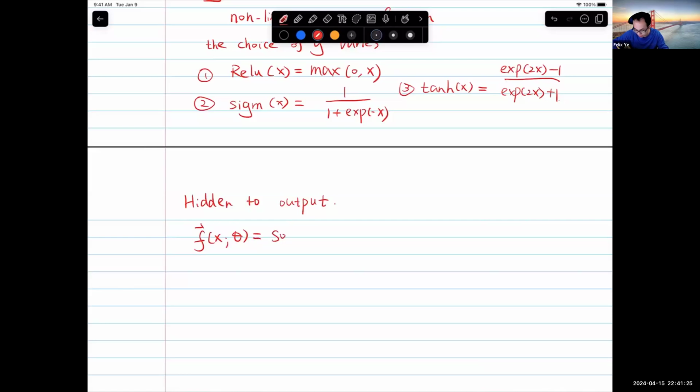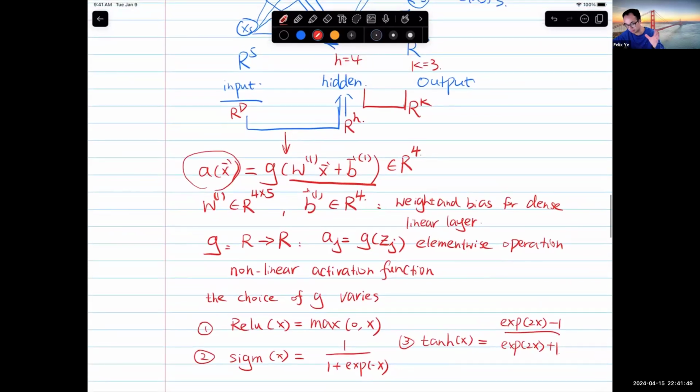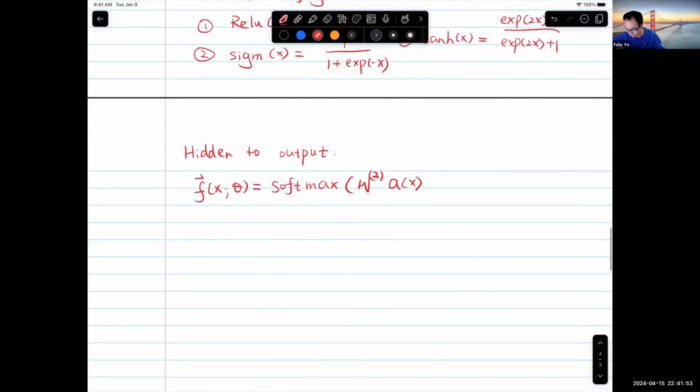So this becomes softmax of W2, which is another weight matrix, applied to a(x), which is defined right here. This is the value of the hidden neurons, plus b2.